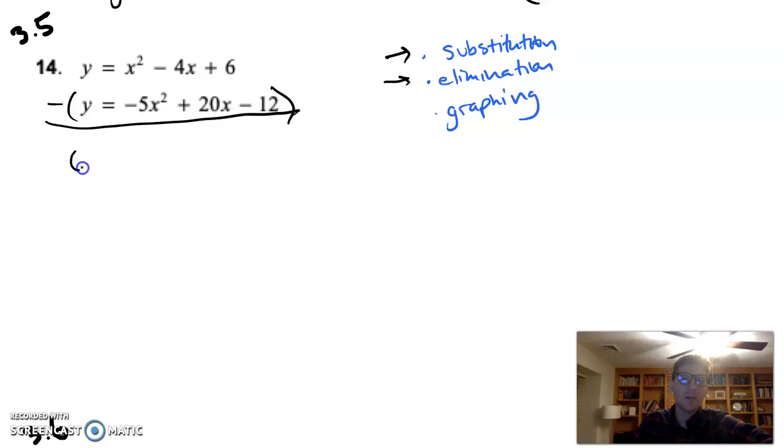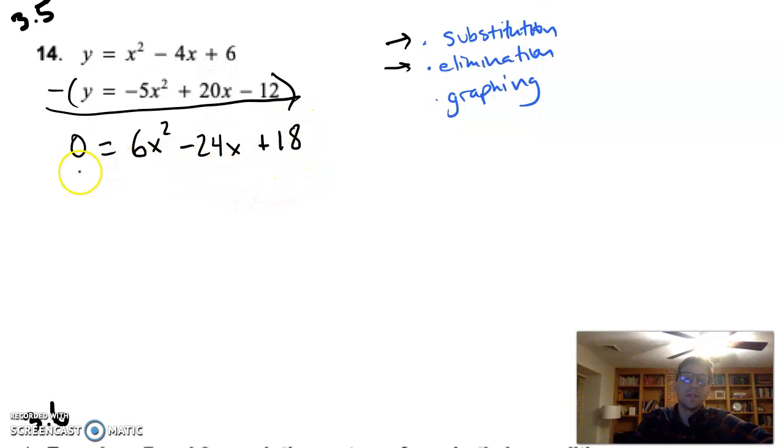Y minus y is 0. X squared minus negative 5 x squared would be positive 6 x squared. Minus 20x would give me negative 24x. Minus negative 6 would be like plus, so plus 18.